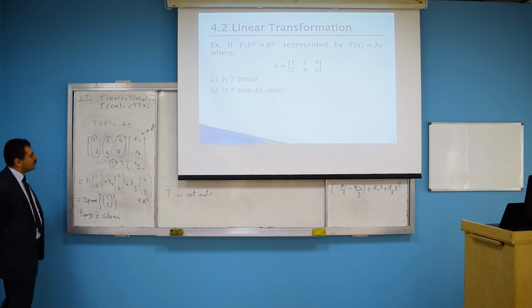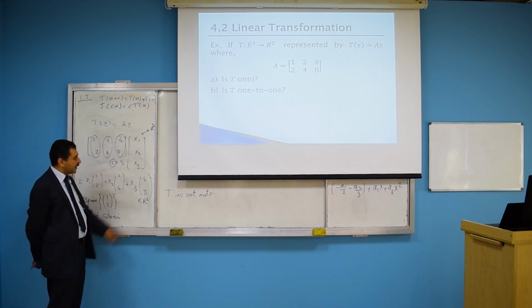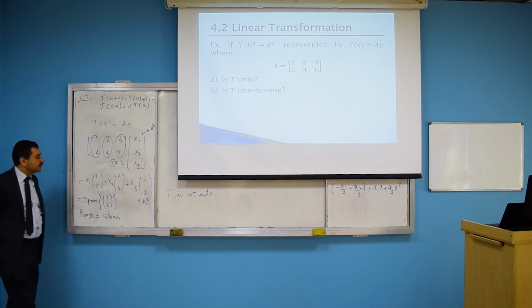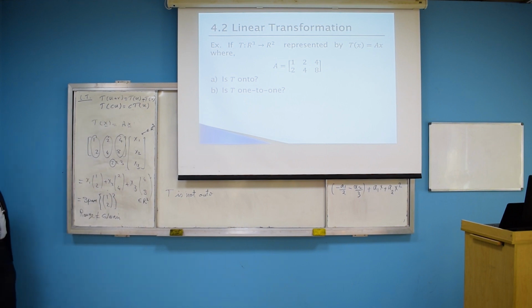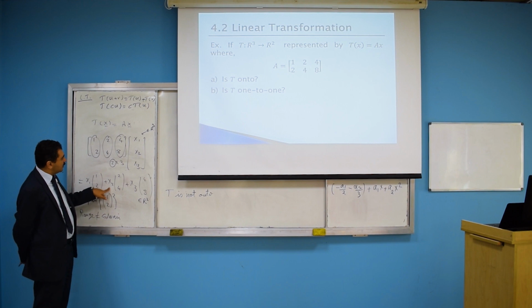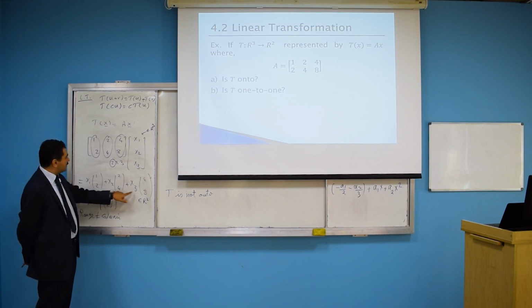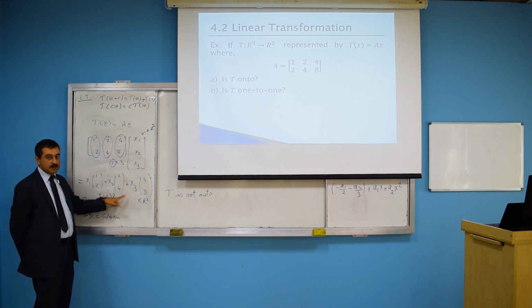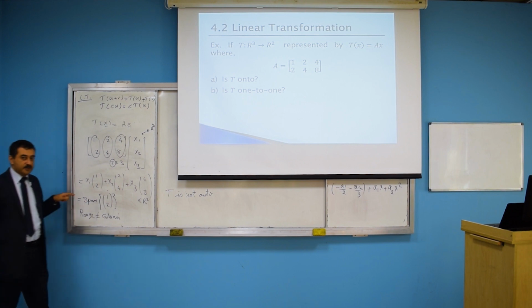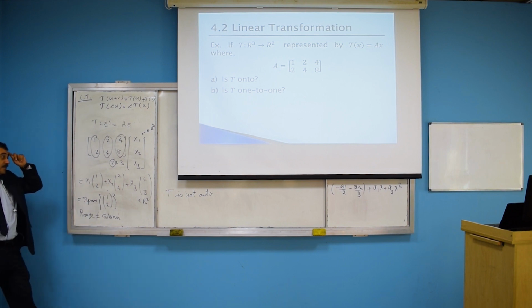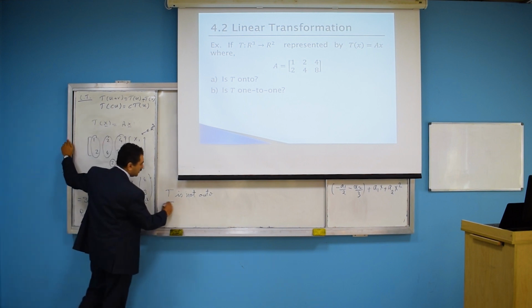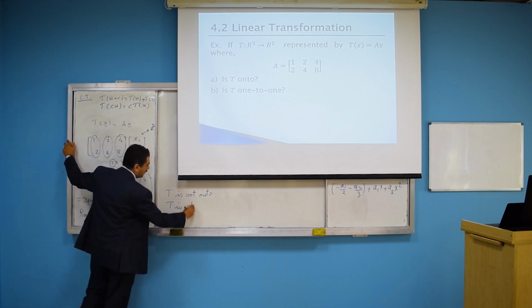If I ask you, for example, for the vector [4, 8], what is the pre-image of [4, 8]? You have, for example, x1 = 0, x2 = 0, x3 = 1, or x1 = 0, x2 = 2, x3 = 0, and so on. So you have many pre-images for the same vector. So T is not one-to-one.